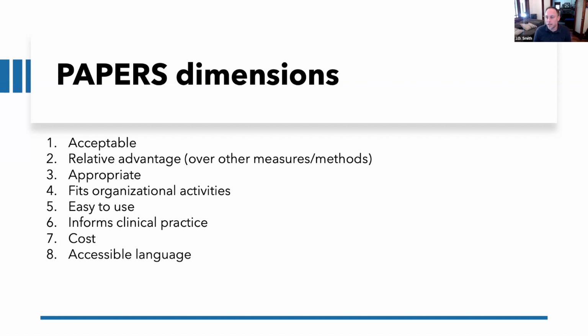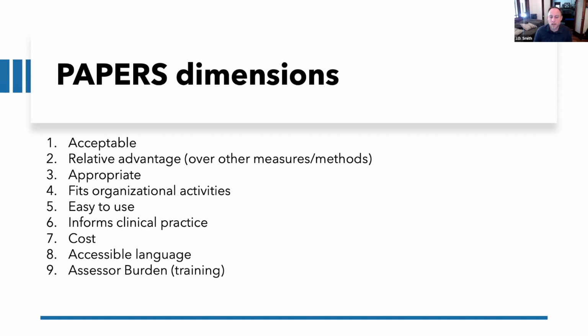They wanted to know whether it had accessible language. This was an issue in implementation research because there's jargon, there's some esoteric and odd terms that get used and things that aren't necessarily as straightforward for just a typical respondent. They also looked at accessible language in terms of reading level, especially if you're going to be administering it to patients or recipients of care.